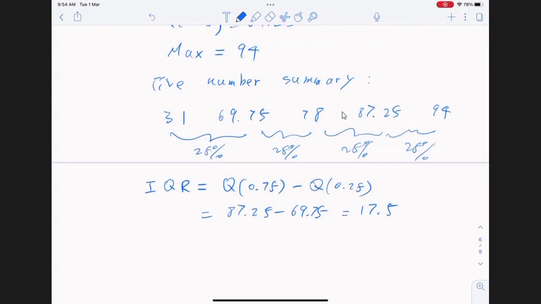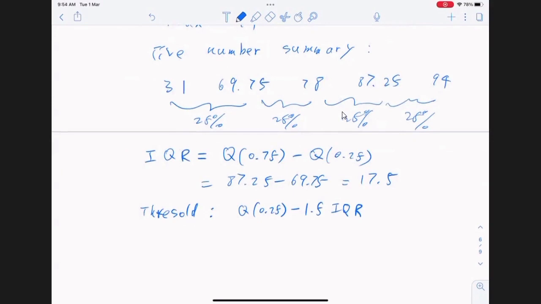For example, we'll determine a lower boundary of the threshold, which is equal to 1.5 interquartile ranges below the lower quartile.